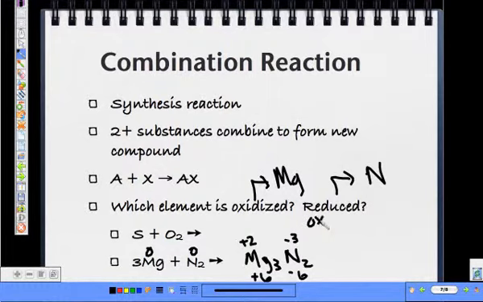Which one was the oxidizing agent? And the reducing agent?